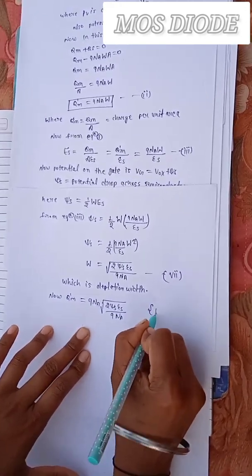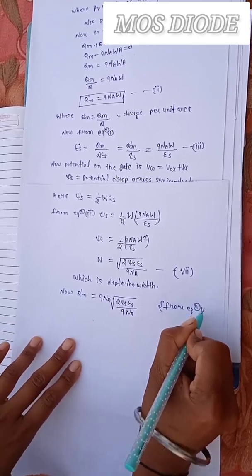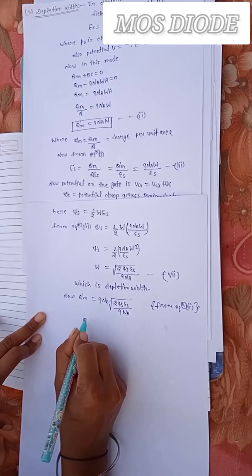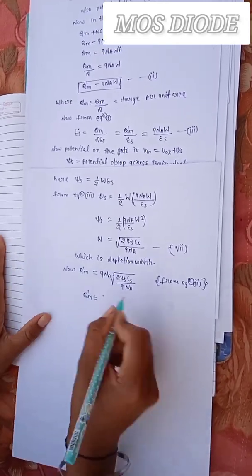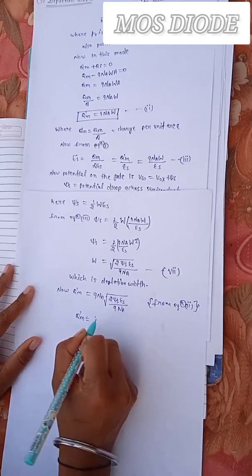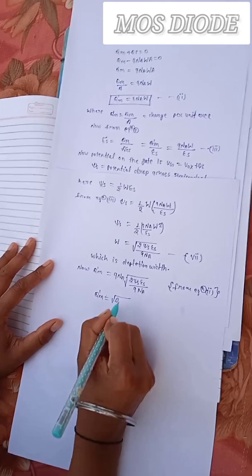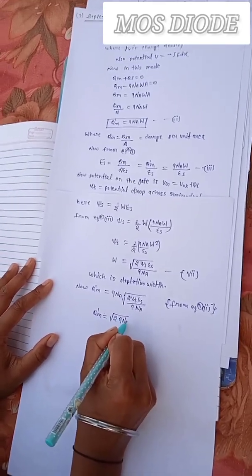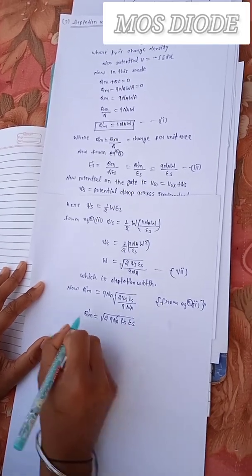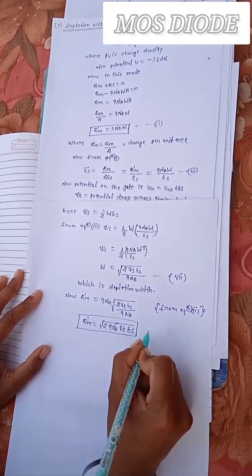From equation number 2, so q prime m equal root of q Na, q Na is once cancelled, and the 2 q Na phi s epsilon s under root, this is the value of q prime m.